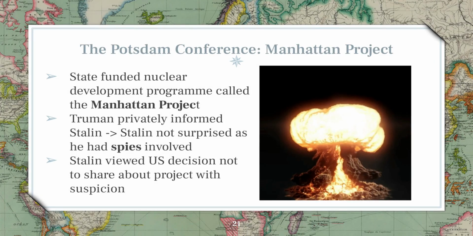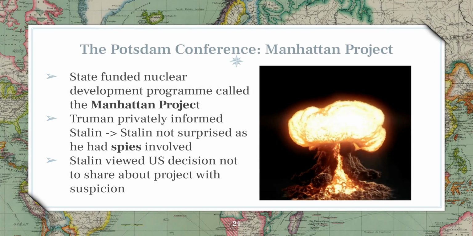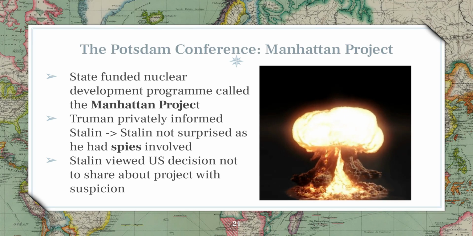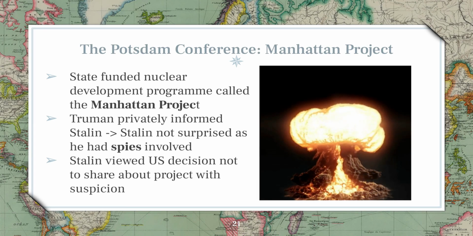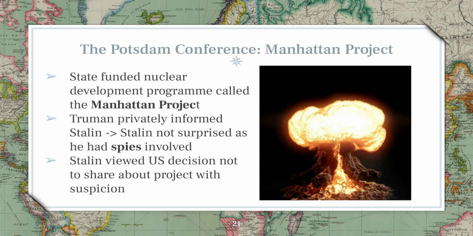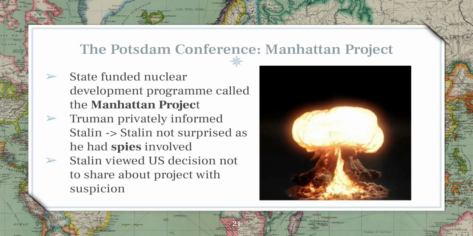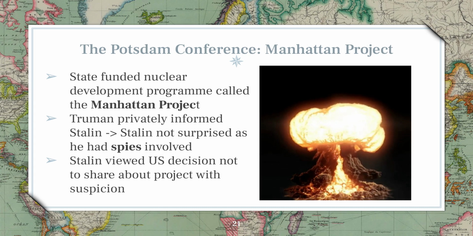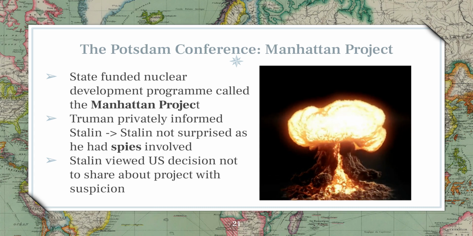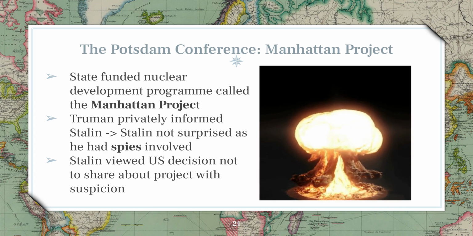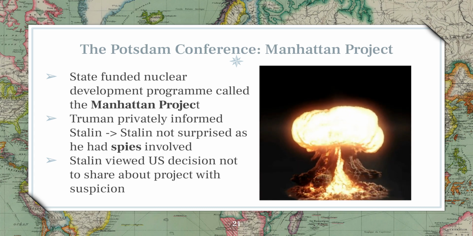Other issues: the Manhattan Project was revealed to Stalin during the Potsdam Conference. Truman had actually rushed the Manhattan Project's final test so that he could be confident of having the weapon work, knowing that the weapon worked, and being able to share the information with Stalin.